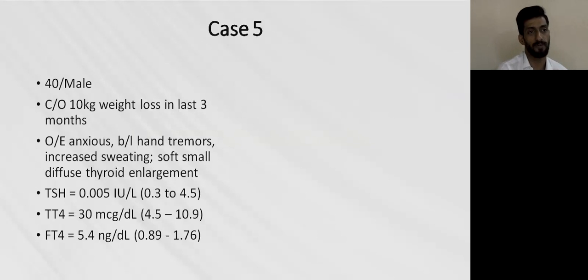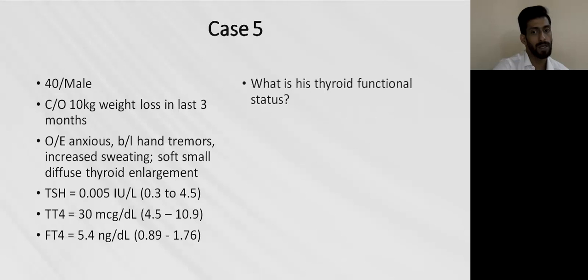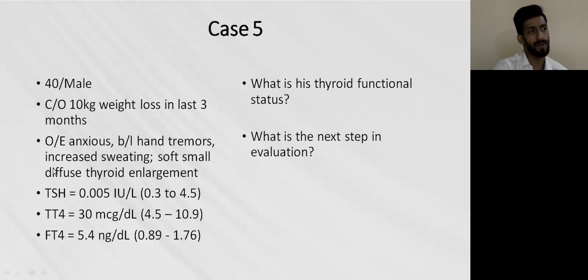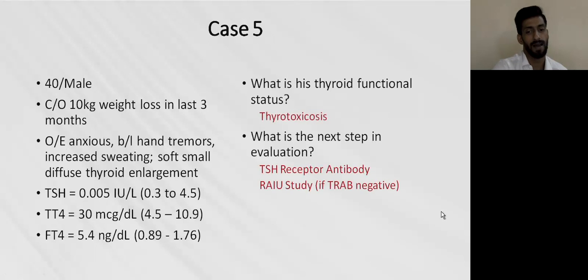Free T4 is 5.4. Total T4 is 30. Now my question is, what is this thyroid functional status? Hyperthyroid. What is the next step in evaluation? TSH receptor antibody. And if it's negative, radioactive iodine uptake. So that much we know.